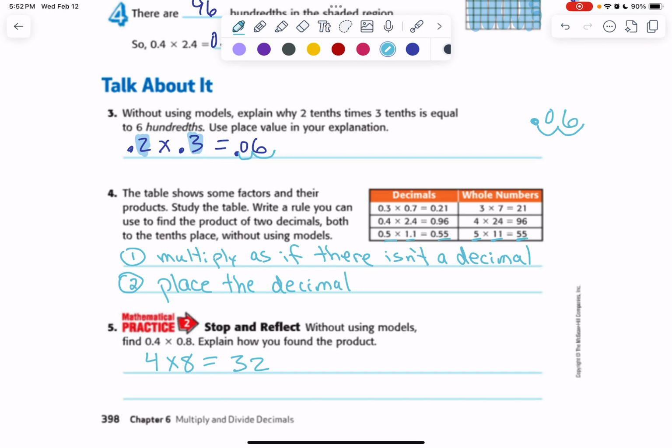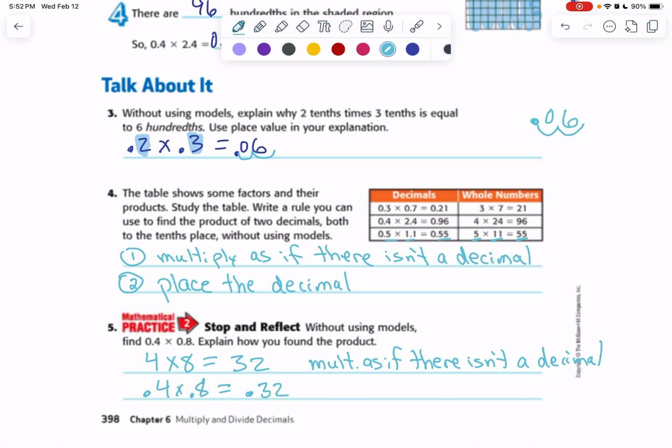So what are we doing? Multiplying as if there isn't a decimal. Okay? And then we'll place the decimal. 4/10 times 8/10 equals 32 hundredths.